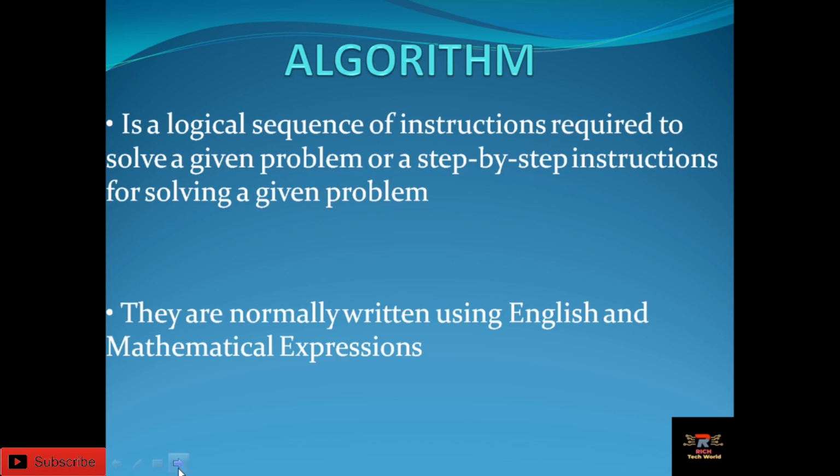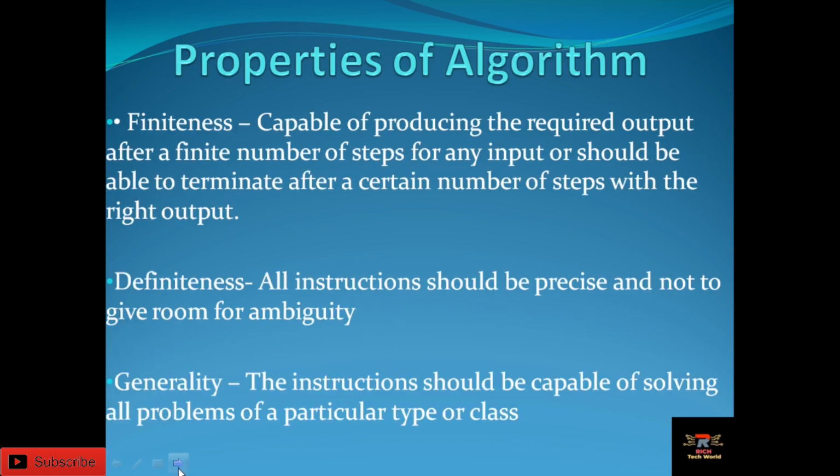The next thing we are going to talk about is the properties of an algorithm. So these are things a program should contain to be an algorithm. Whenever you are writing any set of instructions to solve a particular problem, it should contain the following properties. The first one is finiteness. Your algorithm should be capable of producing the required output.